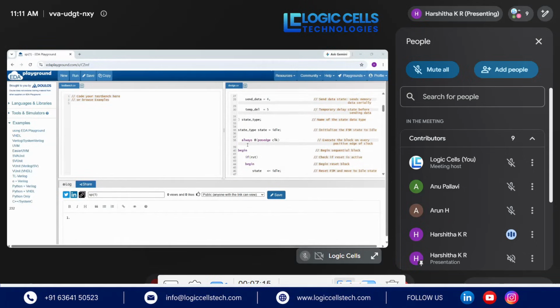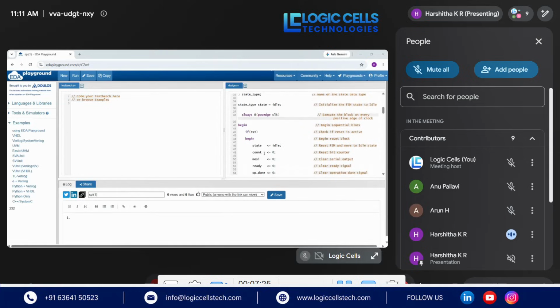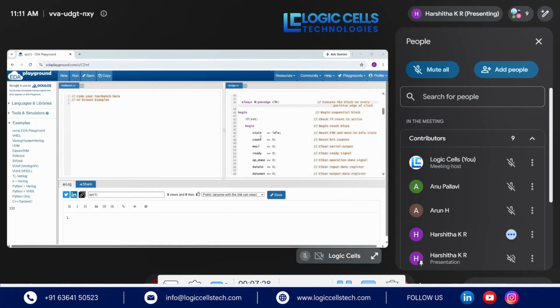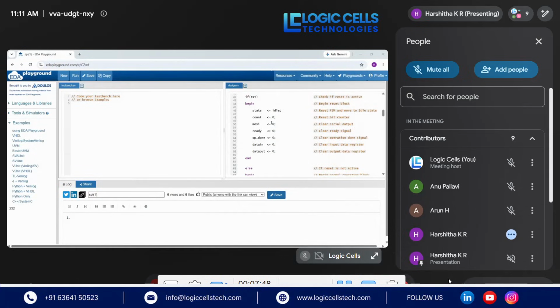In the reset state, at every positive clock edge, the module checks the reset condition. If the reset is active, then all the registers are cleared, become 0, and the FSM moves to the idle state.